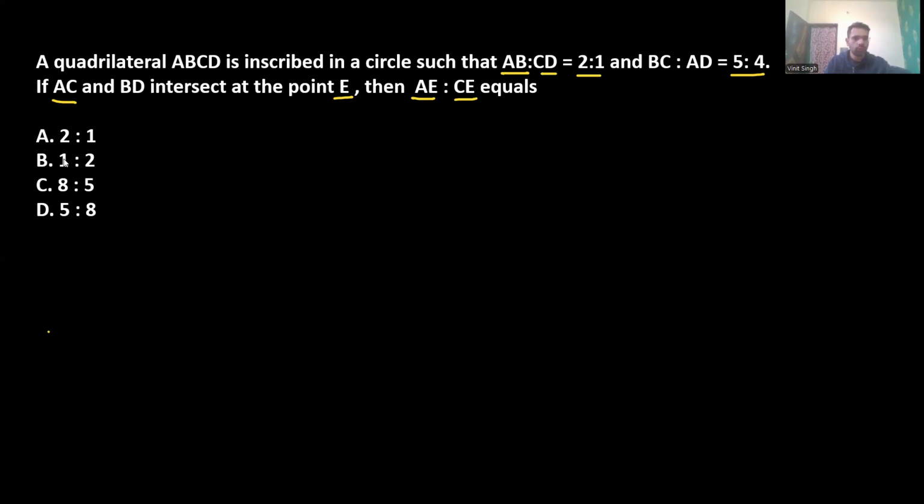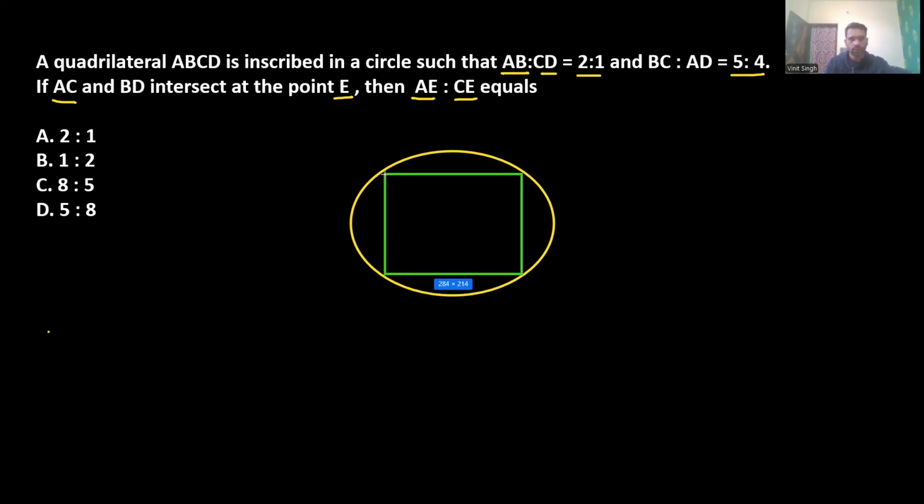Again, we have to first form a circle and a quadrilateral in it. They are intersecting at point E. So A, B, C, and D, and they are intersecting at a point E.